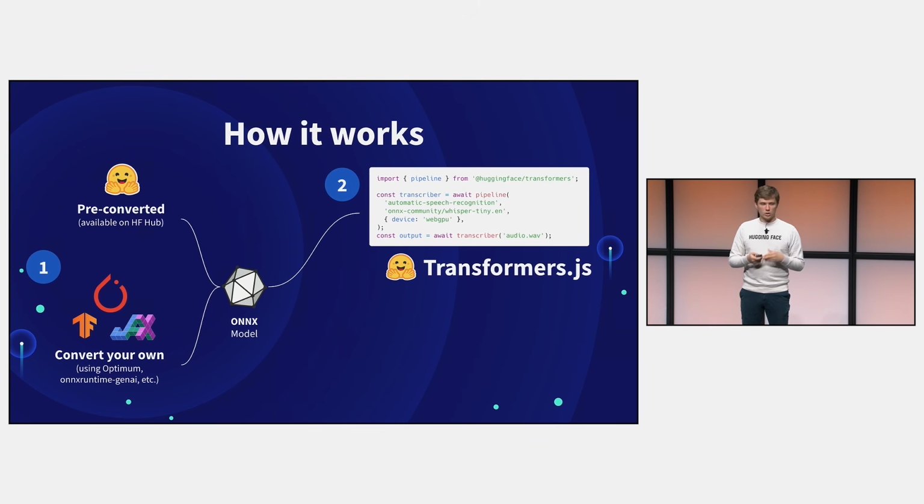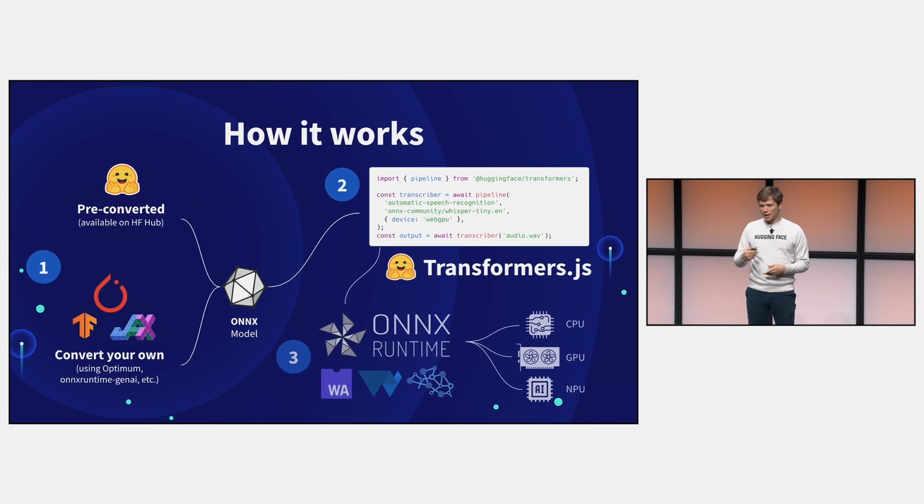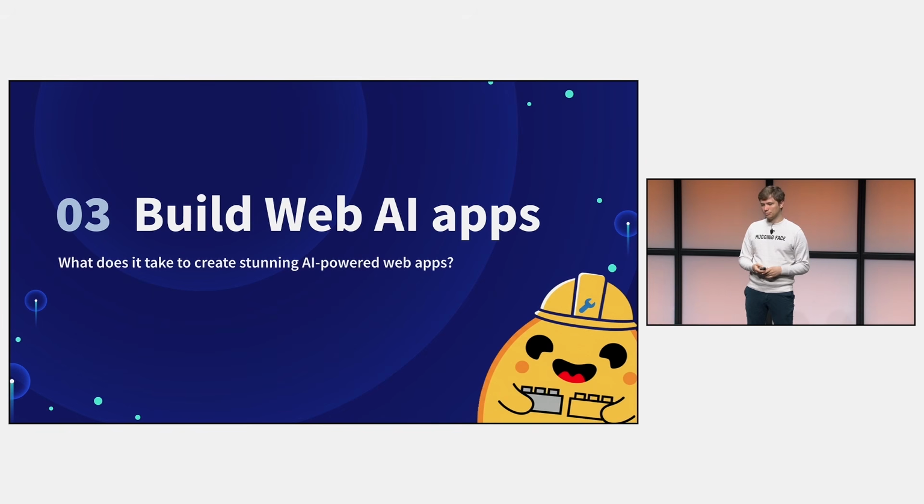And then what you do is you write your Transformers.js code. In this case, we're performing speech recognition using Whisper Tiny, and we're running on WebGPU. And then behind the scenes, we take advantage of ONNX Runtime Web, which allows you to run these models on WebAssembly, WebGPU, and even WebNN, allowing you to choose the device and then run on CPU, GPU, or NPU, depending on what the user has at their disposal.